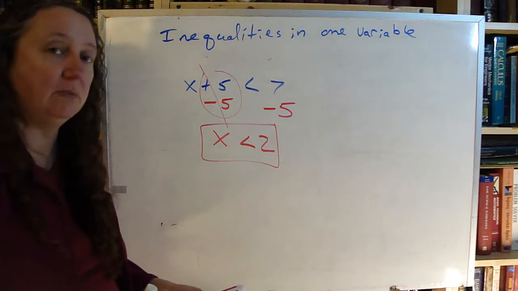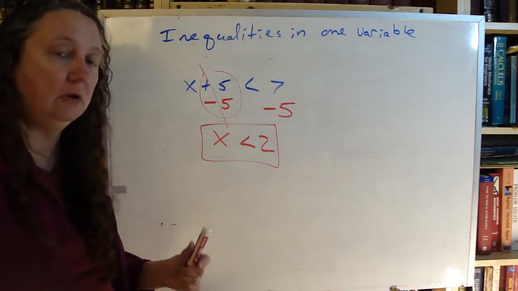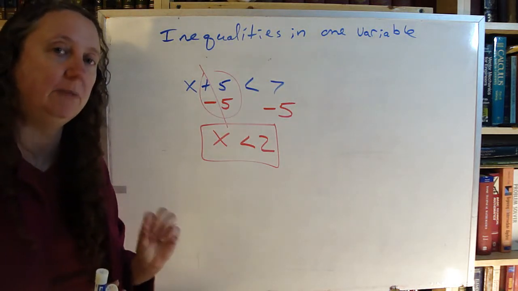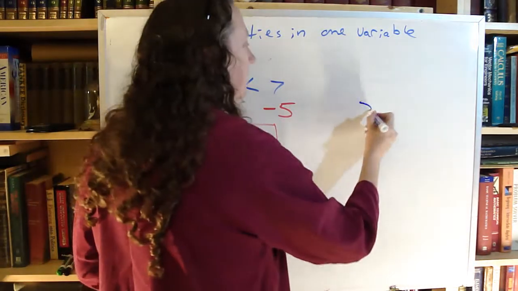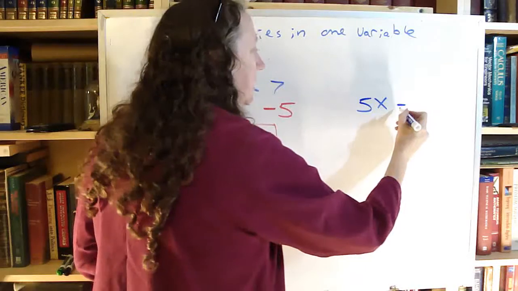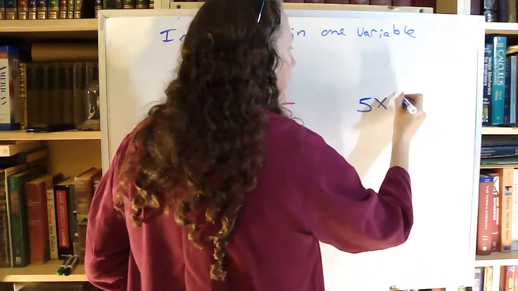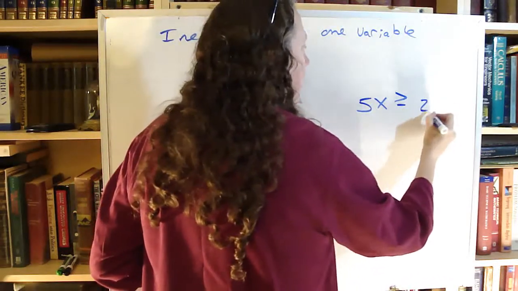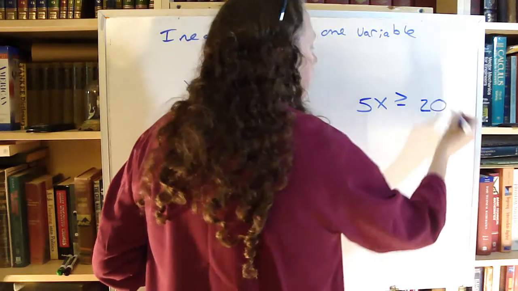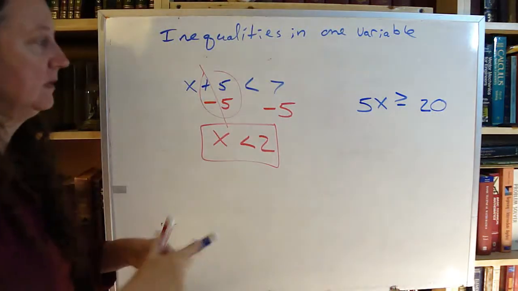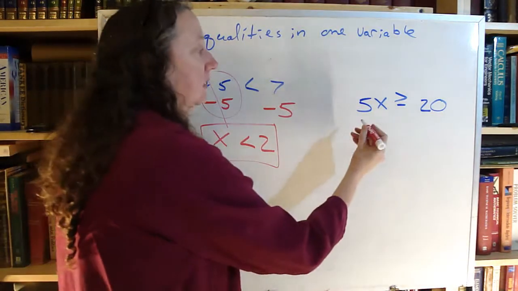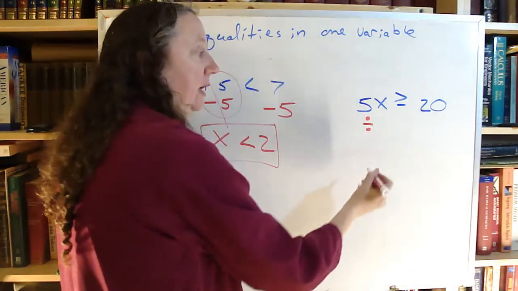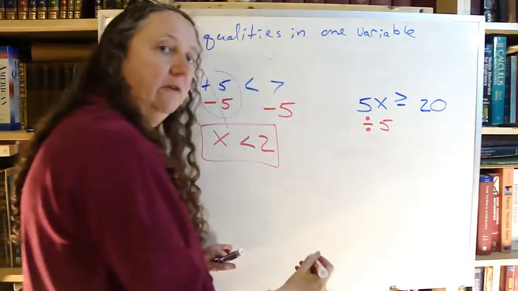The multiplication property, similar, but there's a little extra step in it. If you have something like 5x is greater than or equal to 20, and you want to solve this for x, just like with an equal sign, you would divide the 5 out.